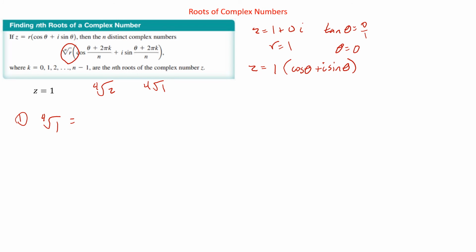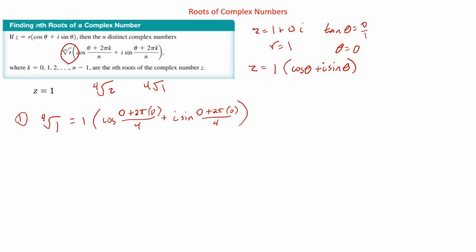I've never heard that before this book, but if it asks for roots of unity, that means z equals 1, and we're just finding whatever roots they're looking for. So we have 1, and then cosine of 0 plus 2 pi times 0 over 4 plus i sine 0 plus 2 pi times 0 over 4.